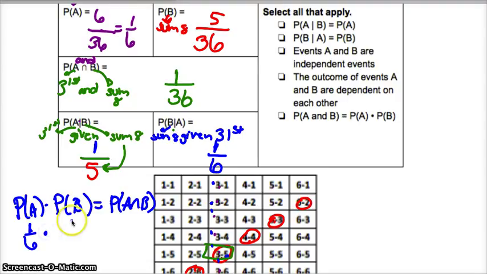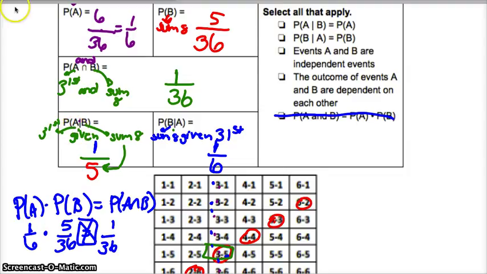We found the probability of B, it's 5 over 36. And we found the probability of A and B to be 1 over 36. Are these things equal? It turns out that they're not, so I'm not going to select this option.